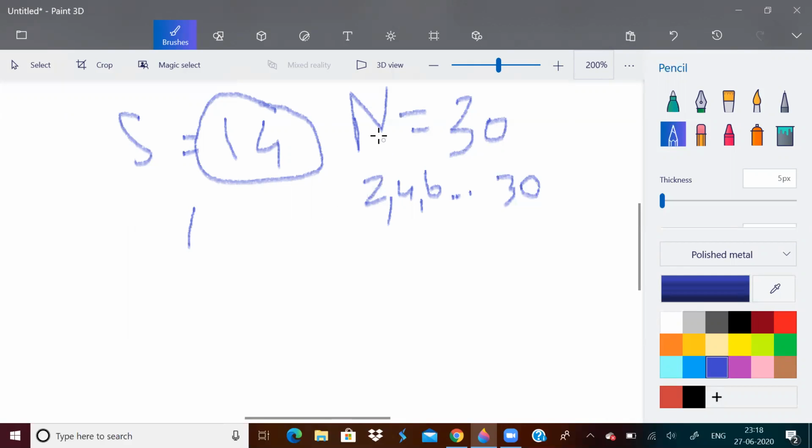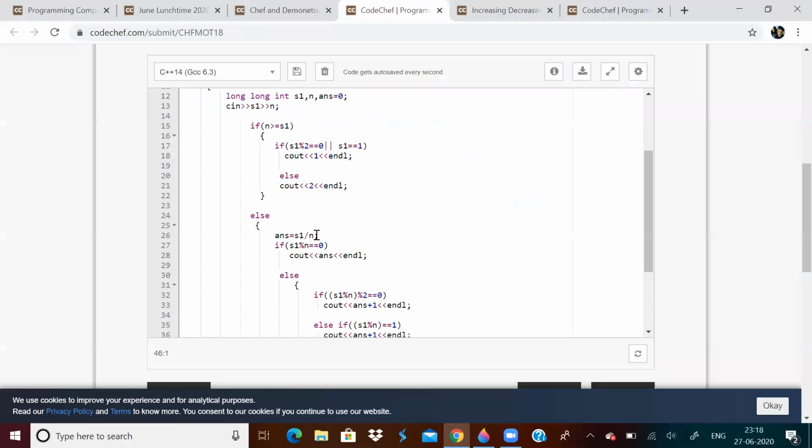I hope you understood. If n is greater than or equal to s, we have two conditions. If s is 1 or if it is an even number, this is very important, then you print 1. Otherwise, you print 2. What is this otherwise?